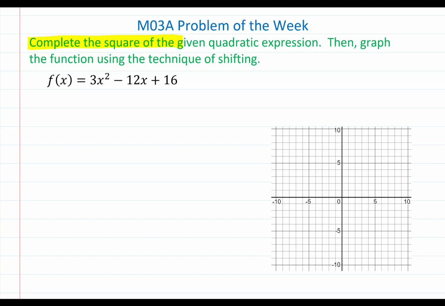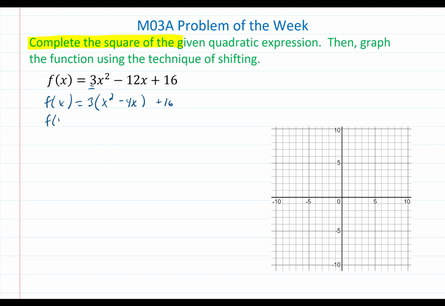So the first step in doing this is to factor the coefficient of 3 from the first 2 terms. So you want to factor it from your quadratic and your linear terms. So that'll be 3 times the quantity x squared minus 4x and then plus 16. Next, we're going to apply the completing the square process here.